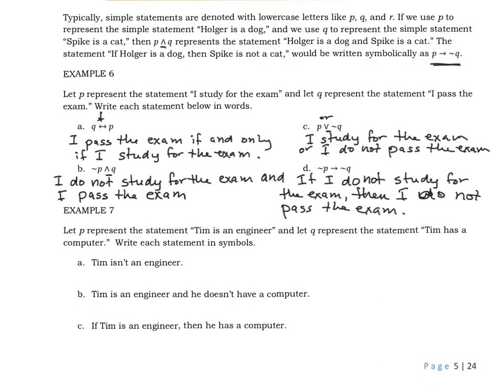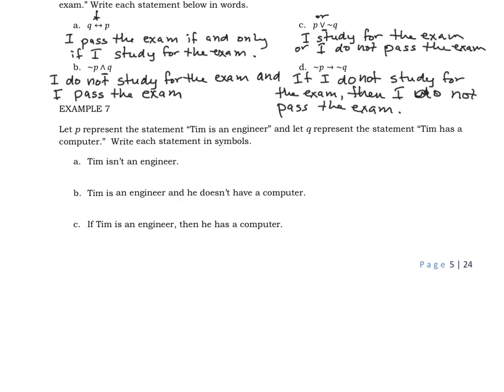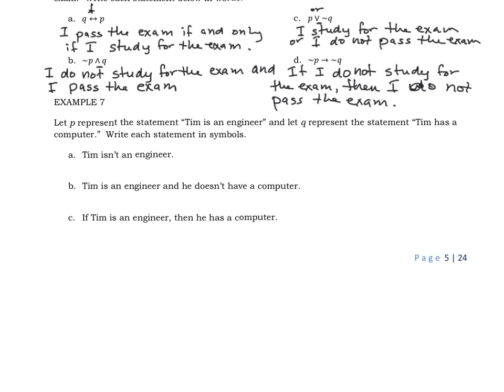All right, let's look at example 7. This will go a little bit faster because we are going to use symbols. Let P represent the statement, Tim is an engineer, and let Q represent the statement, Tim has a computer. So write each statement in symbols. Tim isn't an engineer. That statement was P, and we're negating it, so there's our symbol for negation.